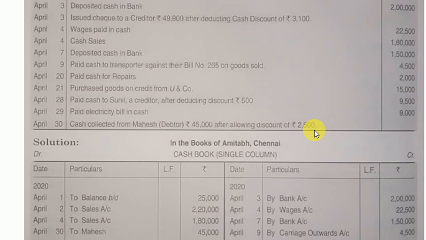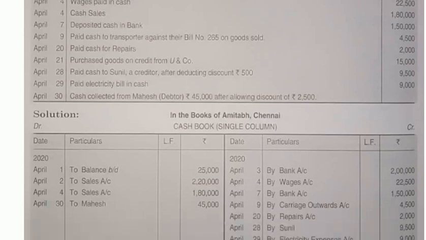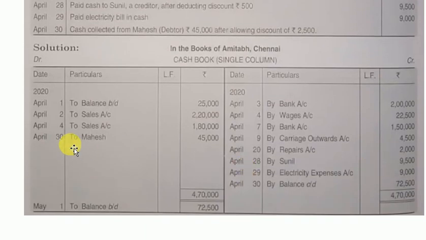So the actual cash, that is 45,000, being received from Mahesh will be recorded in the cash book. We'll record it on the debit side of the cash book, because this is a case of inflow of cash into the concern. So we'll record on the debit side April 30 to Mahesh 45,000.